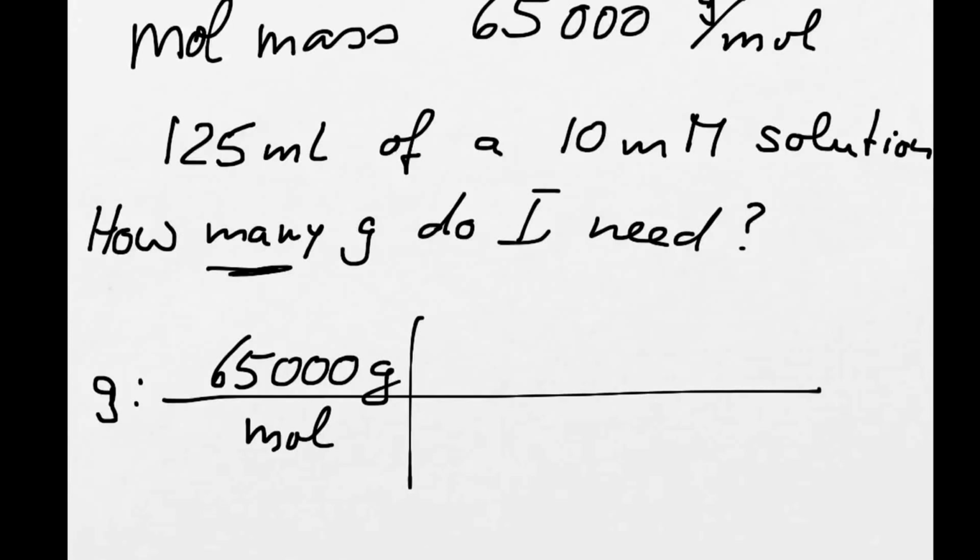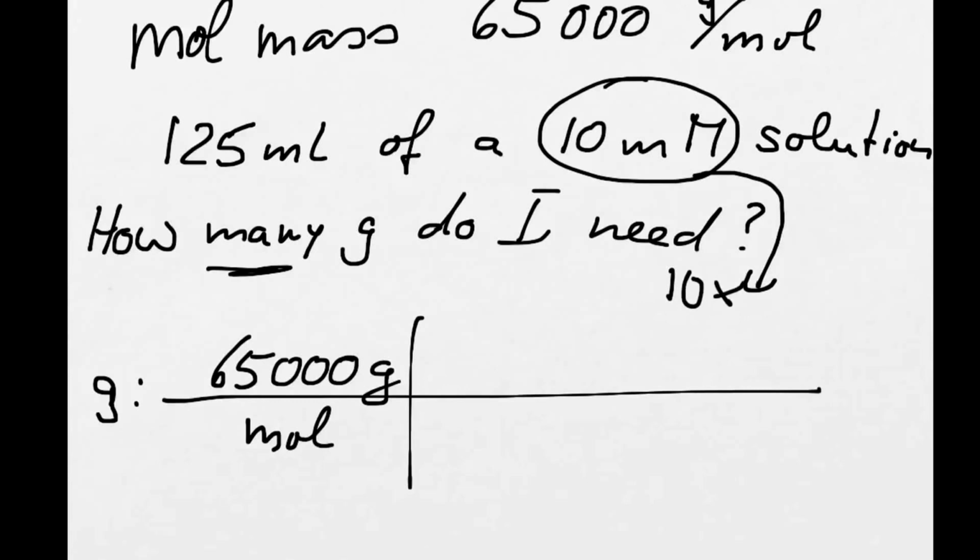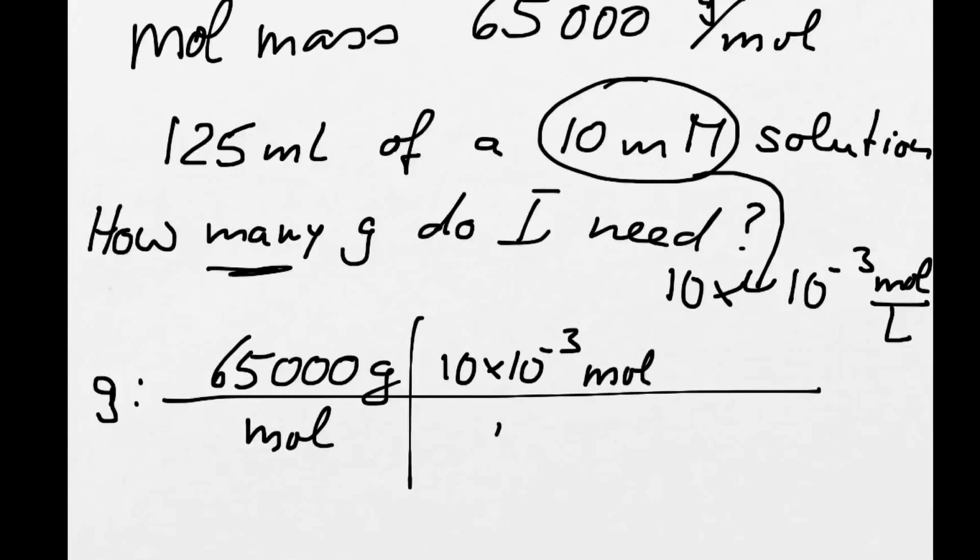Yes, we do. We can write this as 10 times 10 to the minus 3 mole per liter. Mole and mole cancel out.